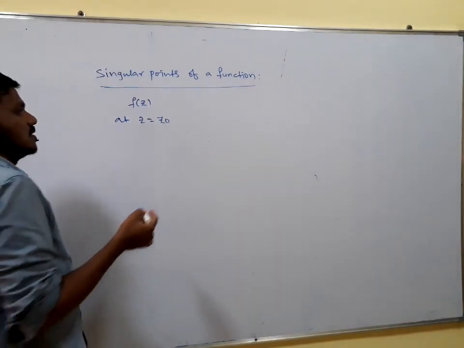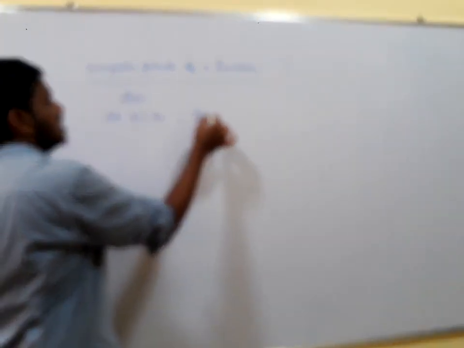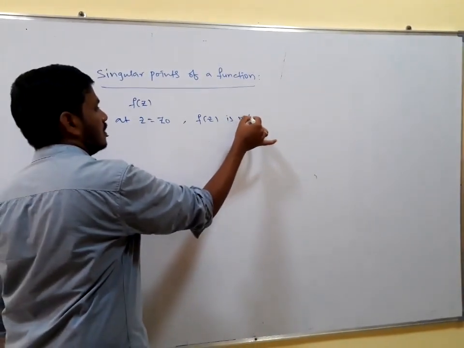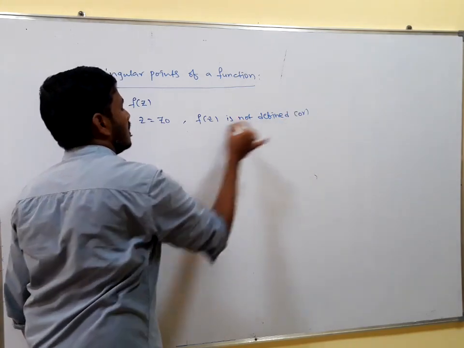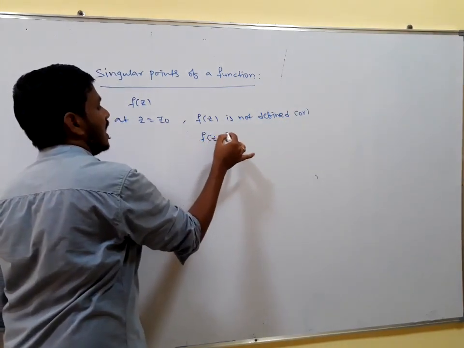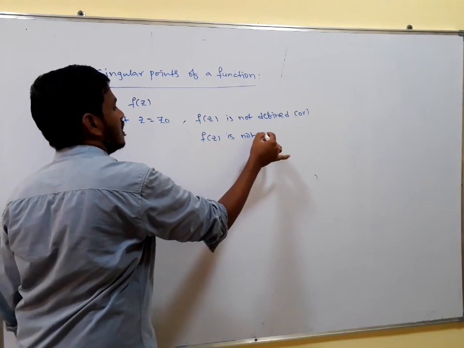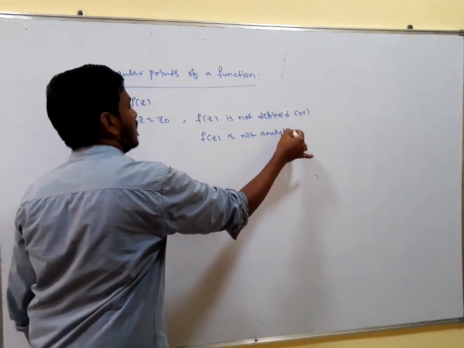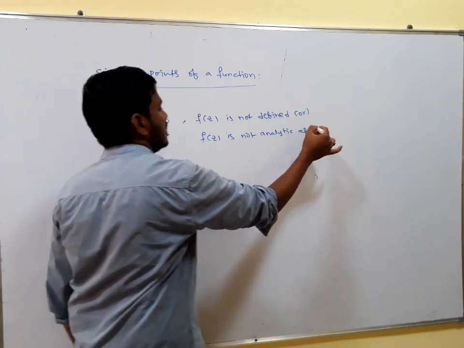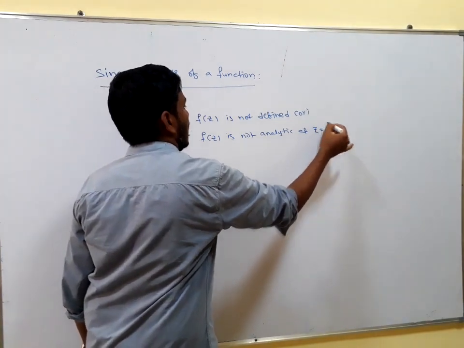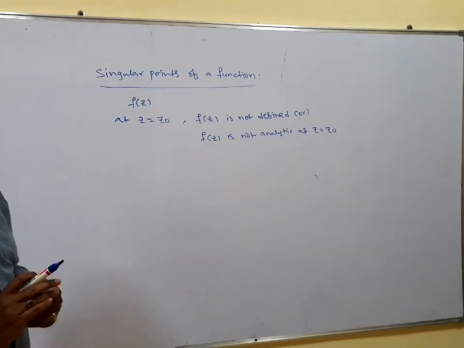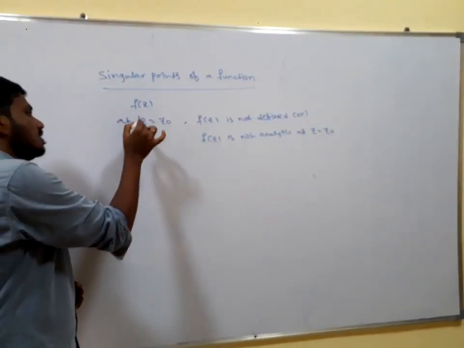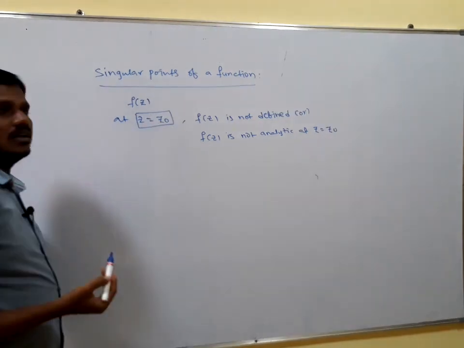If at z equals z naught, f of z is not defined, or f of z is not analytic at z equals z naught, then the point z equals z naught is called a singular point.